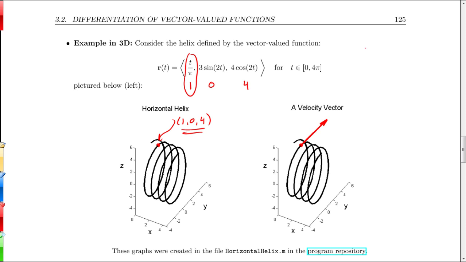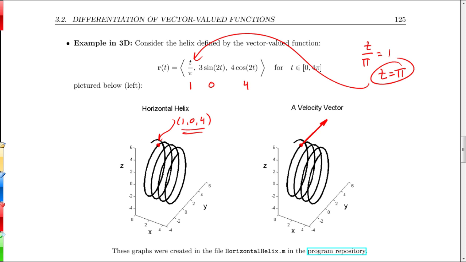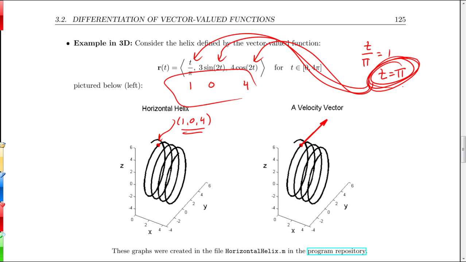For example, if I have t over pi equals 1, then t equals pi. So notice, if t equals pi, and I plug that in here, x is 1, 2t is 2 pi, sine of 2 pi is 0, and then cosine of 2 pi is 1, so 4. So this is what I have. t is pi. That's the thing I need.